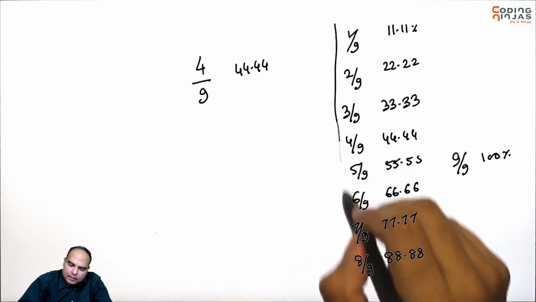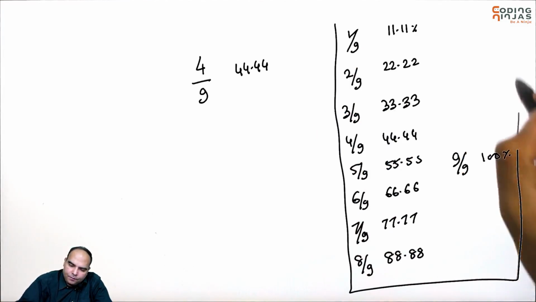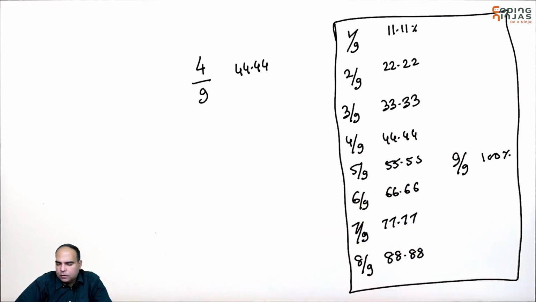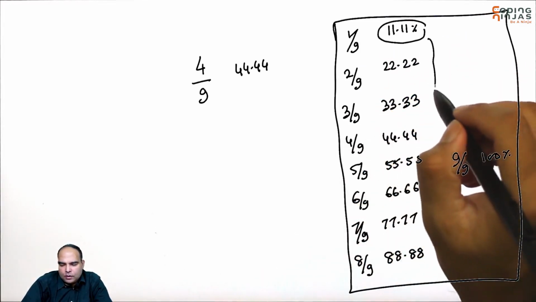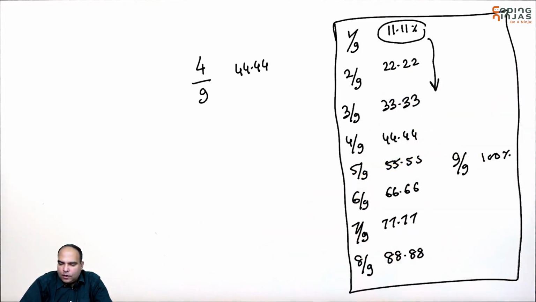So you will see this kind of structuring of values. Once you get to know 1 by 9, you can actually know this table, and there is a lot of value in solving problems on percentages.